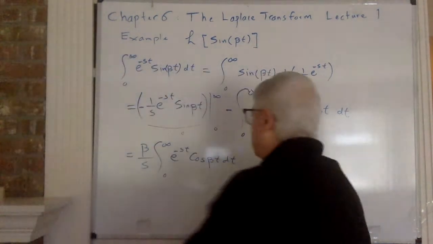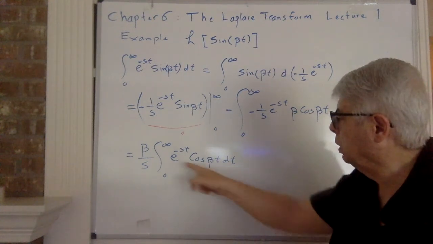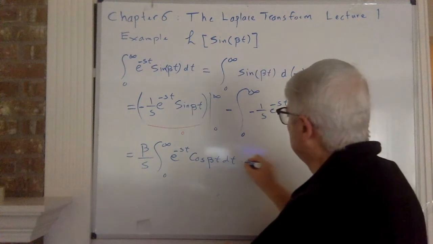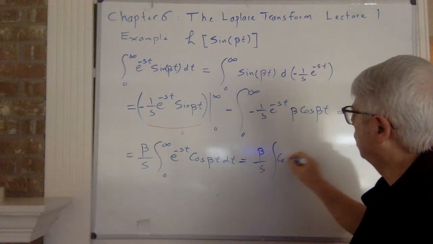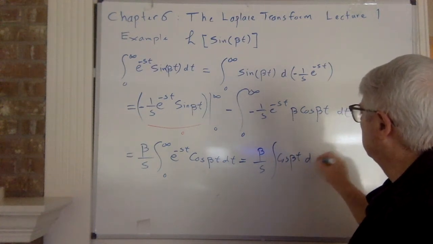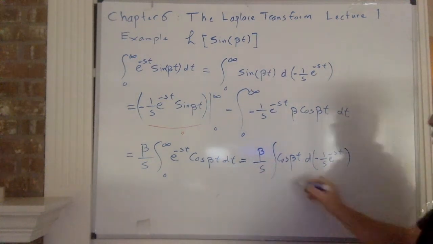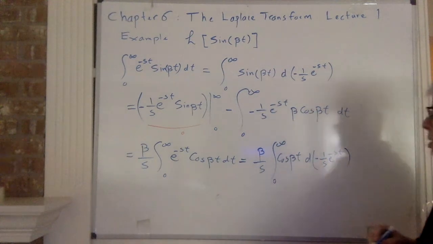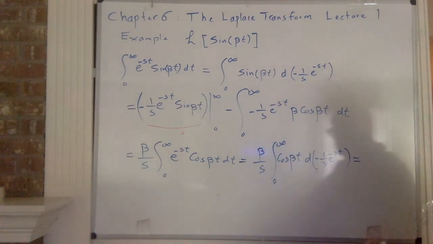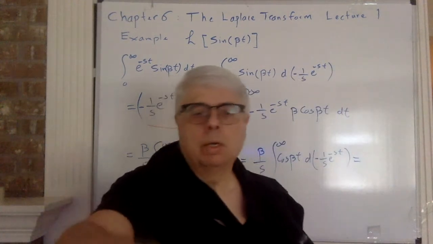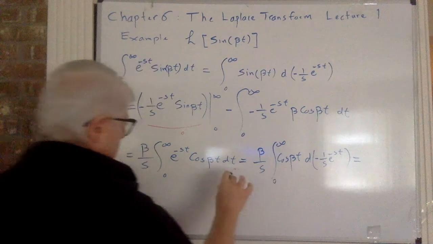Okay. So again, we have to do it again. So e to the power minus st dt, so this is in fact beta over s, integral cosine beta t d of minus 1 over s e to the power minus st, from 0 to infinity, and so this will be, again, let me keep track of what I'm doing.